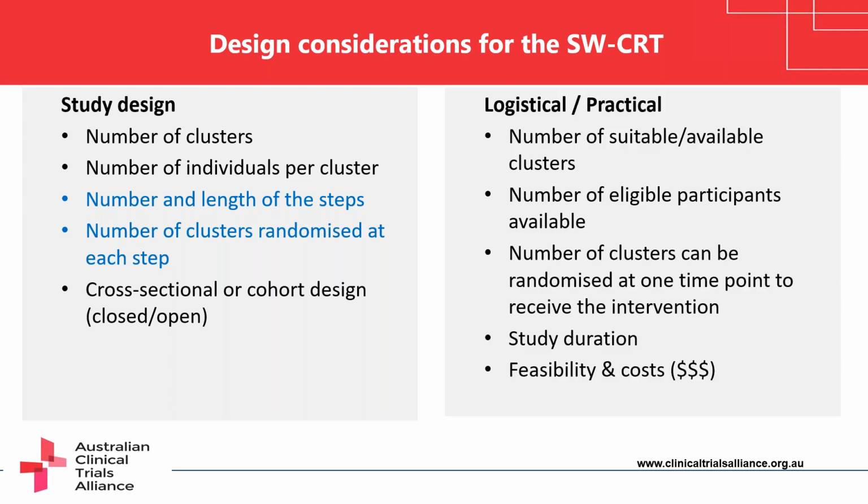In thinking about all these aspects, we also need to think about the logistical and practical considerations. So do we have enough clusters? Are we going to be able to identify enough participants? Can we randomize all of the clusters at the same time point? If you use a Stepped-wedge design, this can extend the study duration, as well as affect the feasibility and costs or the resources you need to conduct the study.